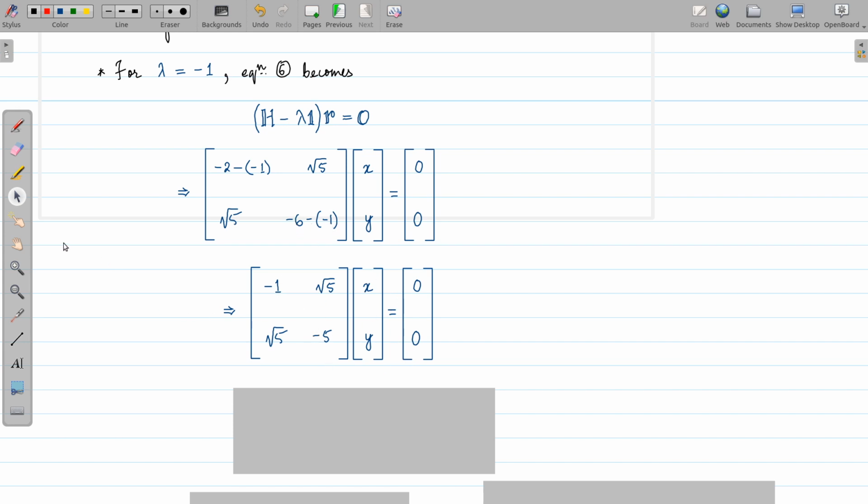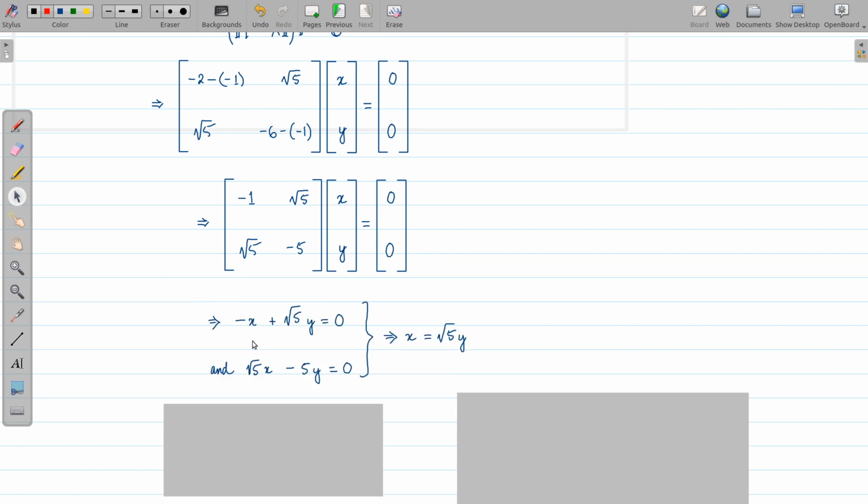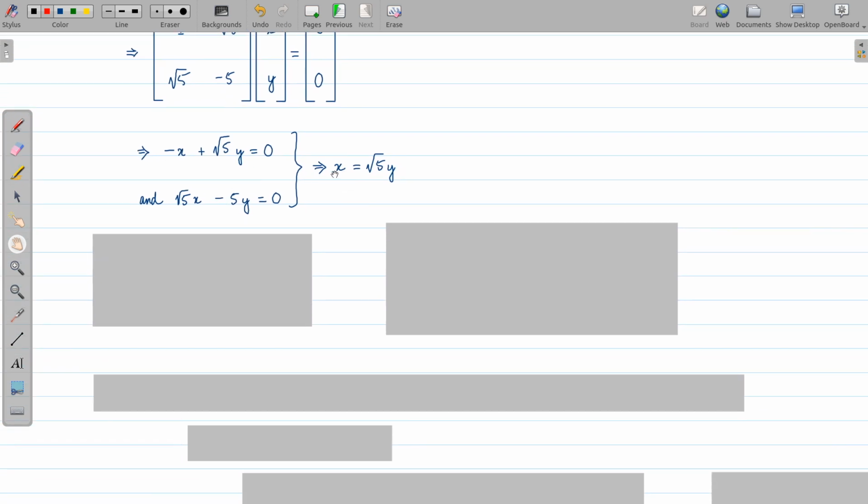This row multiplied with the vector is equal to 0, which gives one equation, and the other row gives another equation. These two equations turn out to be one and the same, because if you cancel out this √5, both of them are exactly the same. So it gives us that x is equal to √5y.